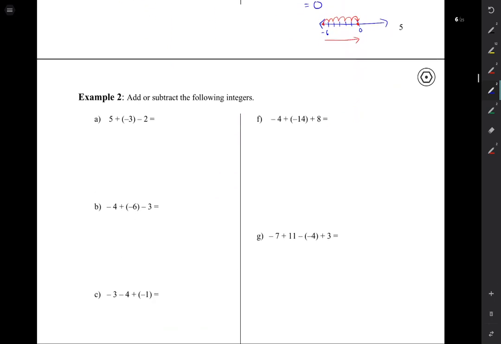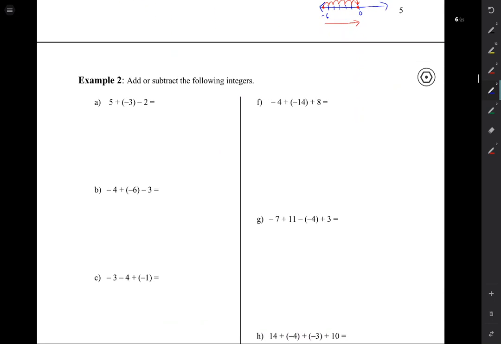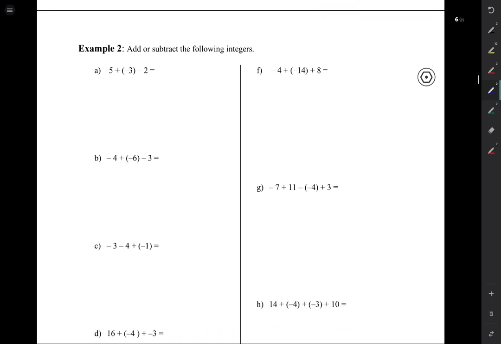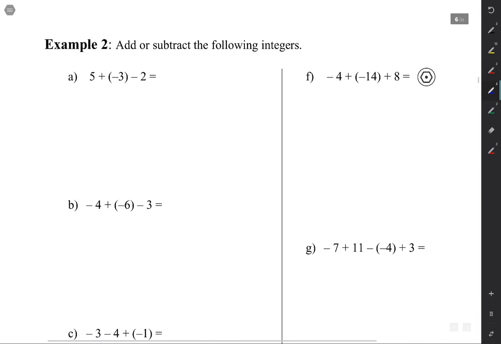So in example 2 for topic 2, they just get a little more complicated because they're longer equations. Other than that though, it's just using those same rules. So for A here, we have two signs next to each other right here. So they're both opposite signs, so it's going to turn into a minus sign. So this would be 5 minus 3 minus 2.